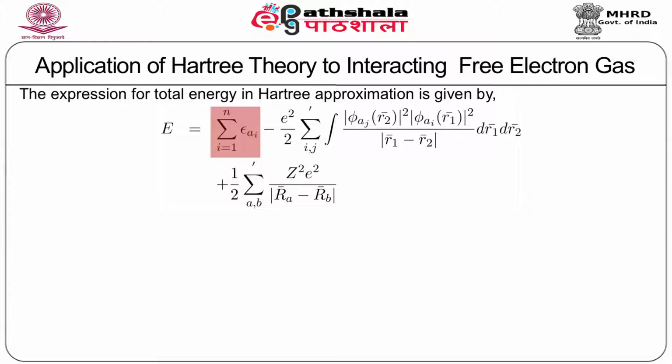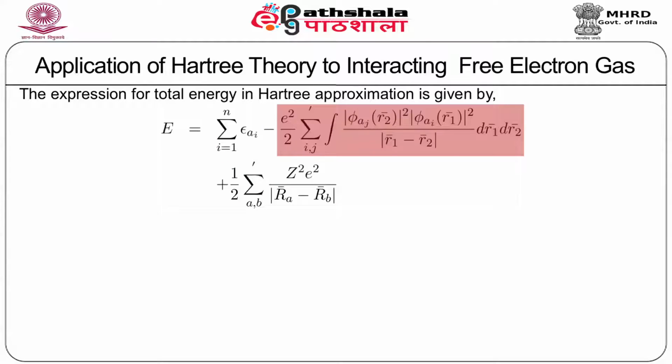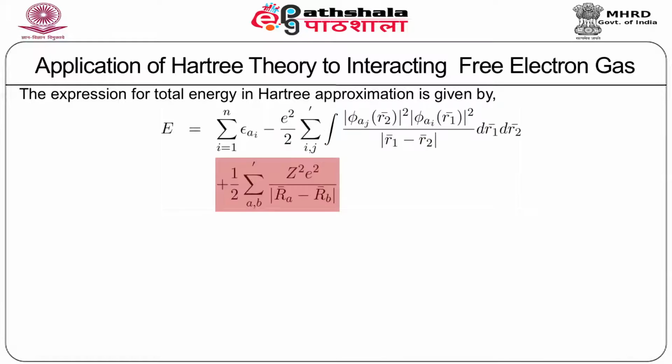The first term is summation over i epsilon Ai, the second term is given by minus e square by 2 summation over i, j with i not equal to j, integral modulus phi Aj square times modulus phi Ai square divided by modulus R1 minus R2, integrated over R1 R2, and the last term, which is the contribution from the nuclear term, is given by Z square times e square divided by capital RA minus capital RB, where capital R denotes the coordinates of the nuclei.